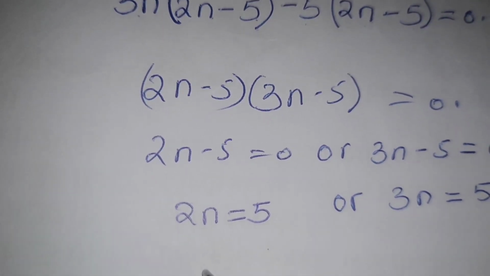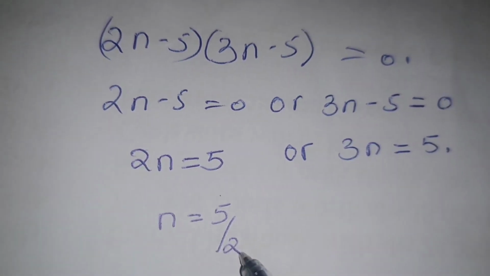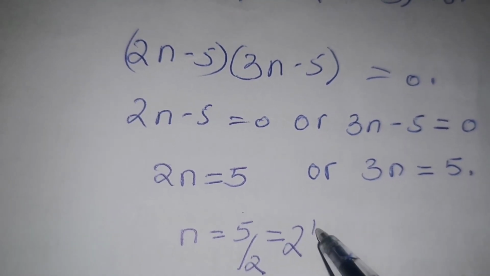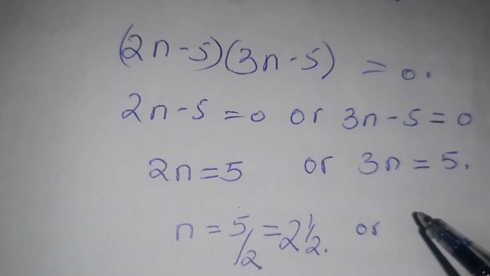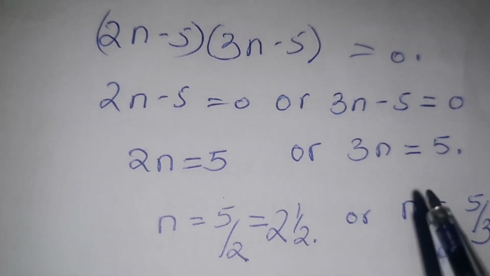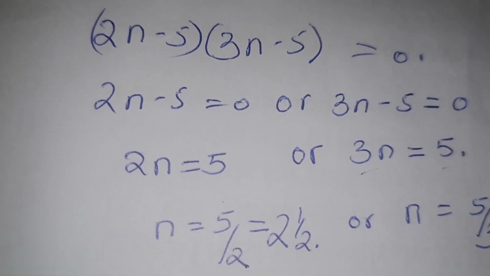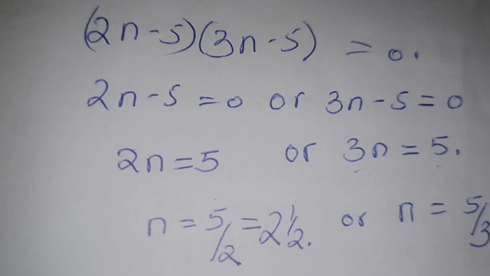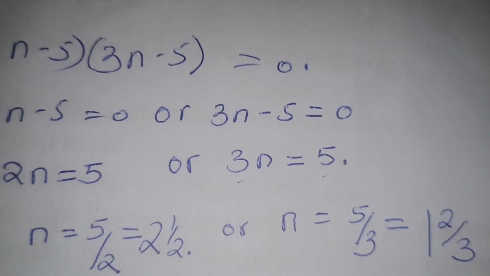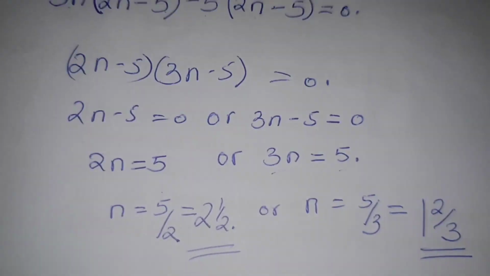Giving us that n is equal to 5 divided by 2, which is the same as 2.5, or n is equal to 5 divided by 3. That is, you divide by 3 on both sides. And this gives us that n is equal to 1 and 2 over 3. And those are the values of n.